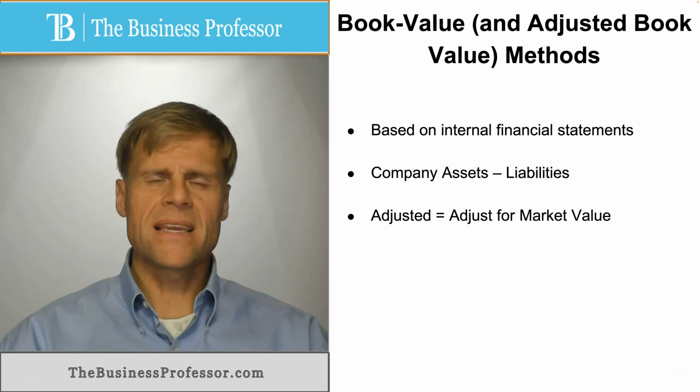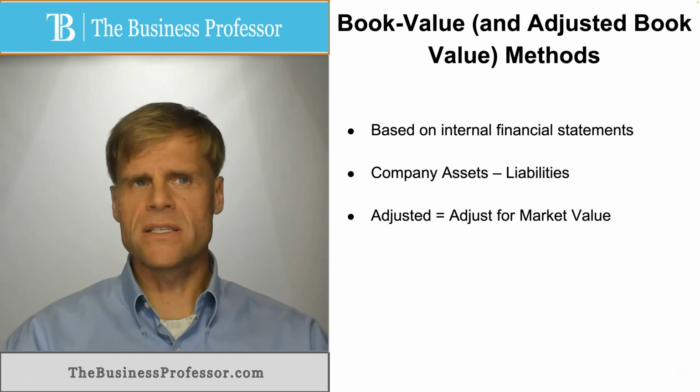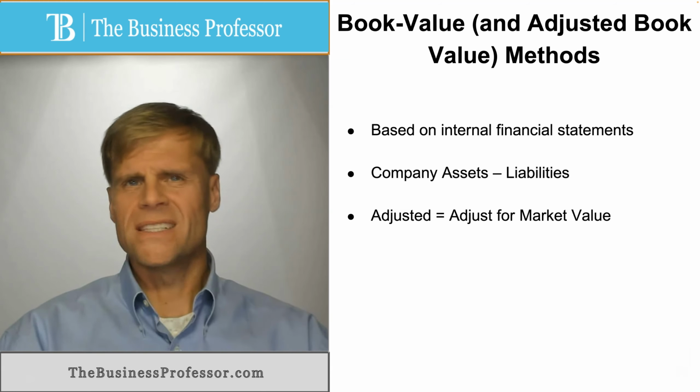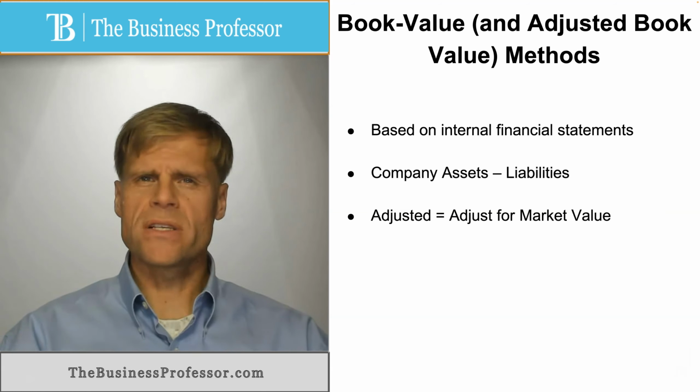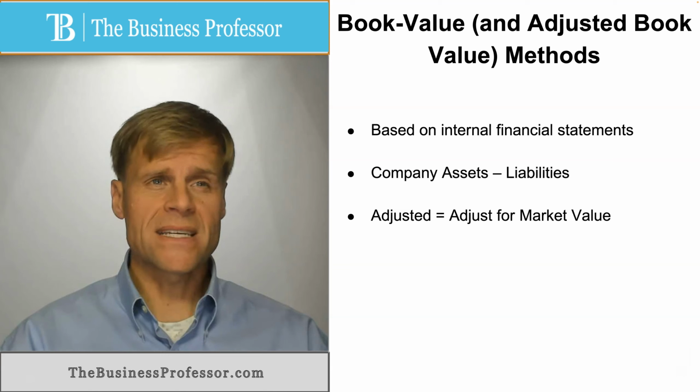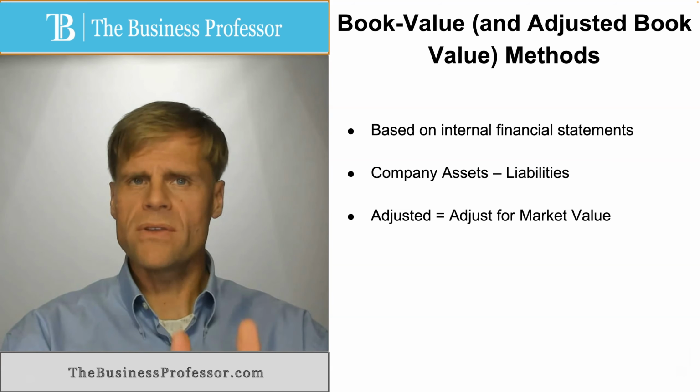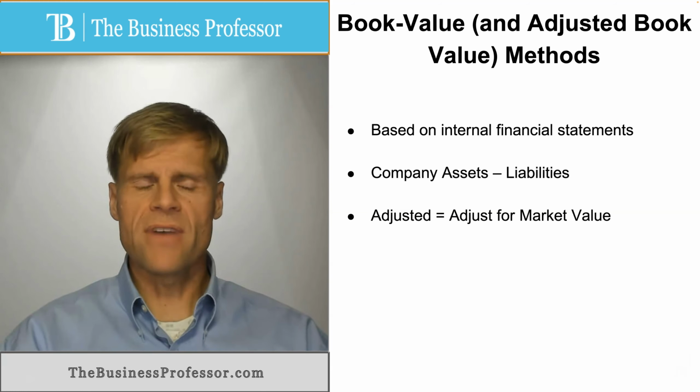But with that being said, there's oftentimes adjustments to try to account for any changes in the value of the assets. So the first method is the adjusted book value, and that's where you basically adjust the recorded value of the assets based upon their market value.